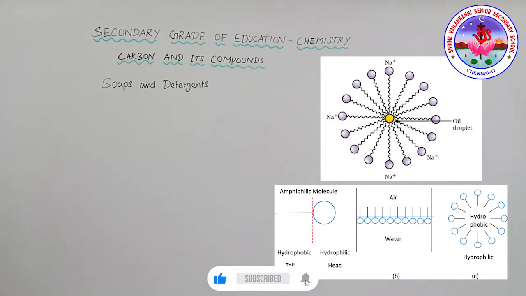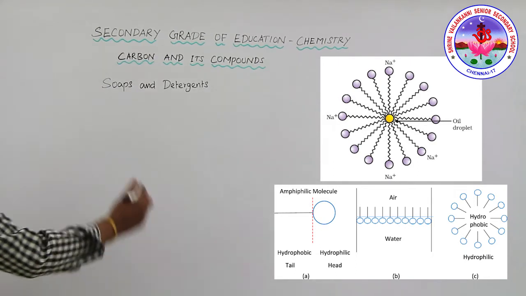What happened? The distilled water gives more foam than groundwater, because there are no ions present in the distilled water.